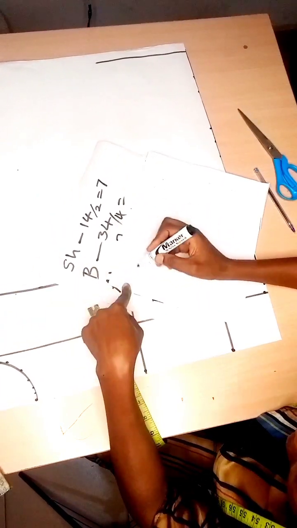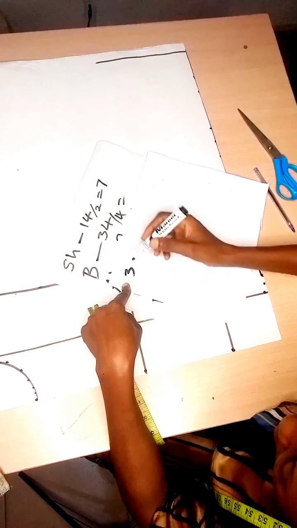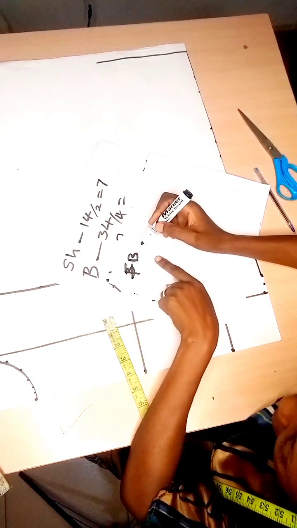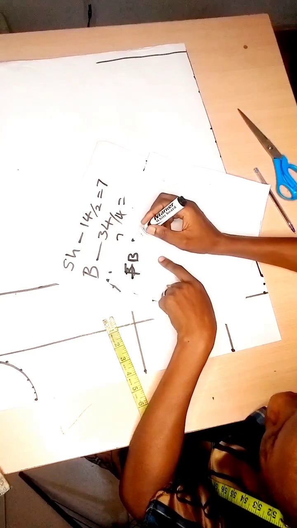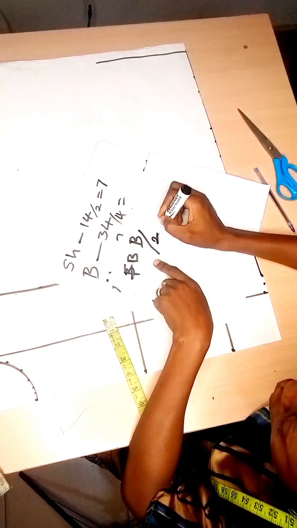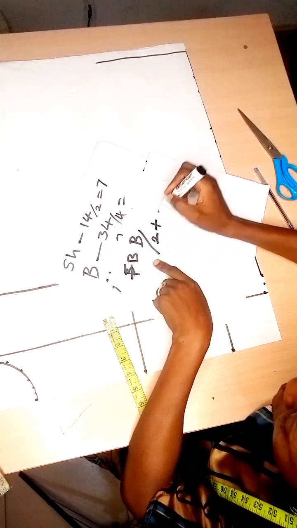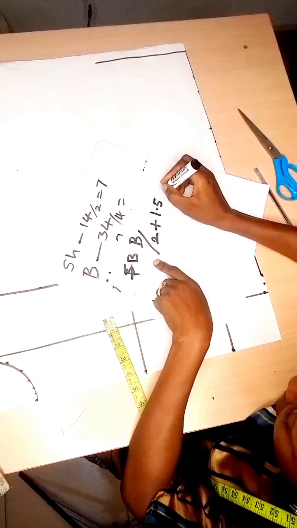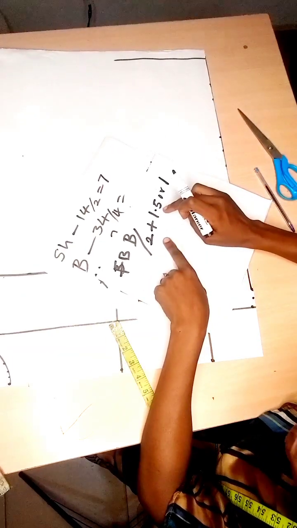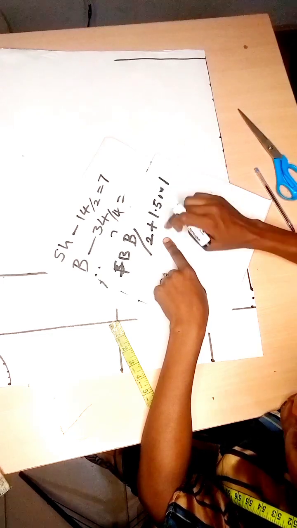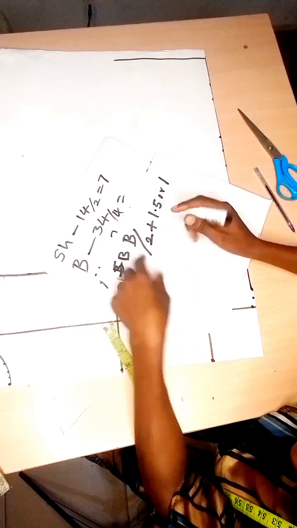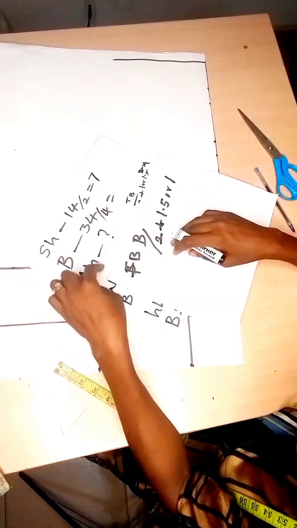This formula states that front bust, the formula says bust divided by 2 plus 1.5 or 1 inches. So in this case, how are you going to know the formula to use? Either 1.5 or 1 inches. You check the bust and the under bust of the person.